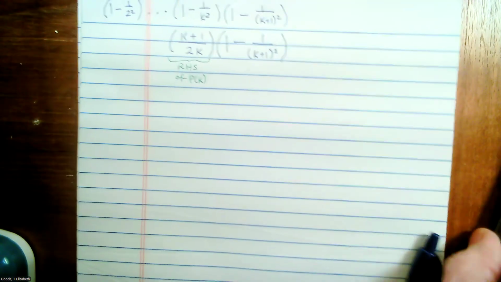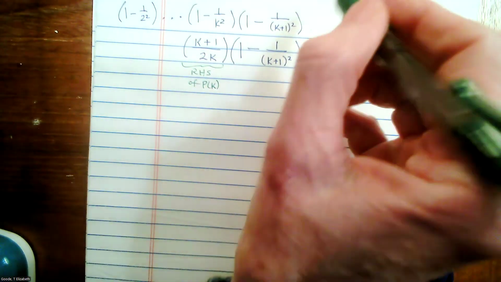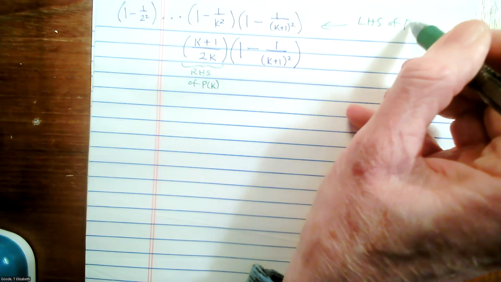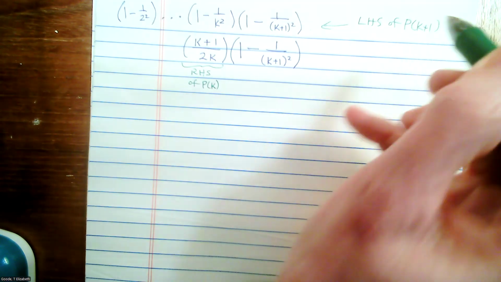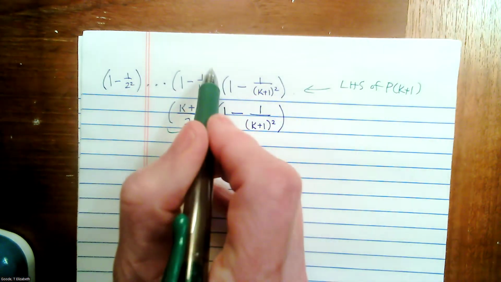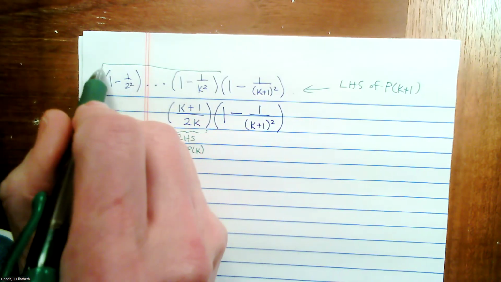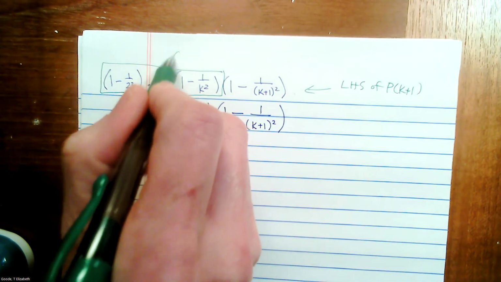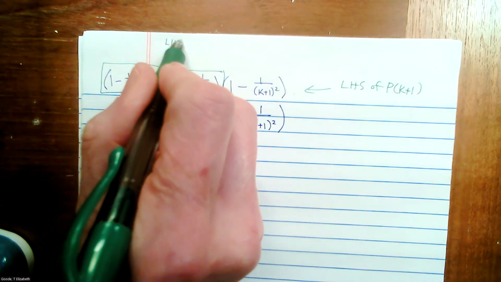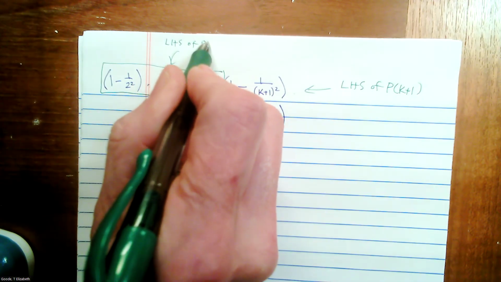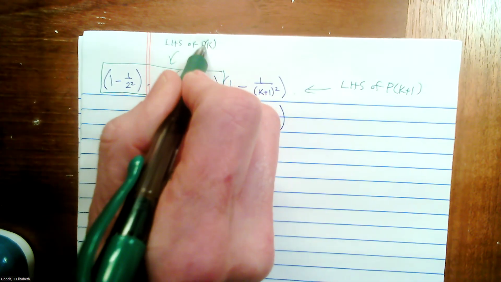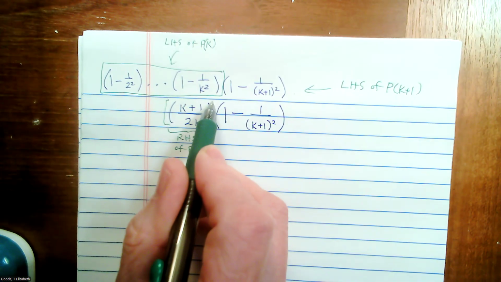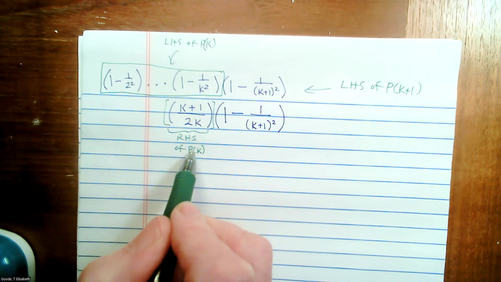Remember, we started with this whole left-hand side of P of k plus 1, kind of expanded out. Well, we took this piece of it, which is the left-hand side of P of k, and we substituted in this because that's the right-hand side of P of k.